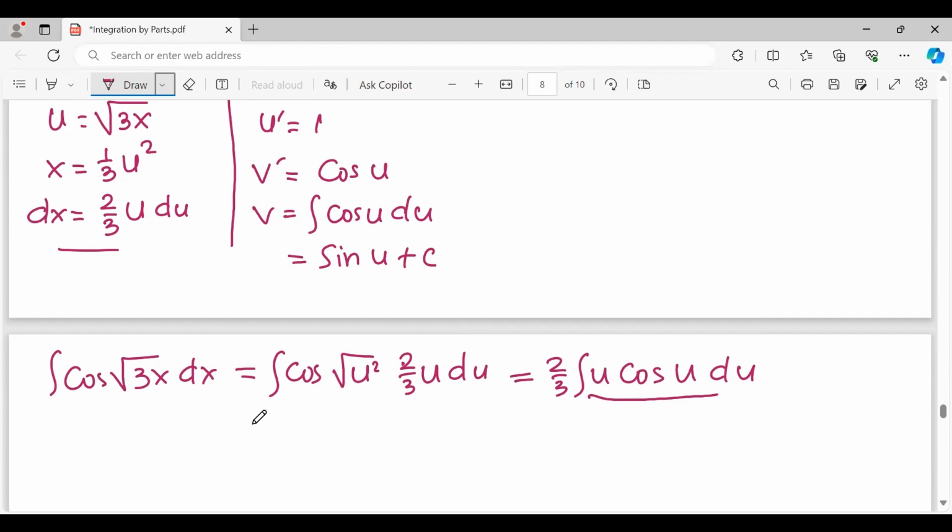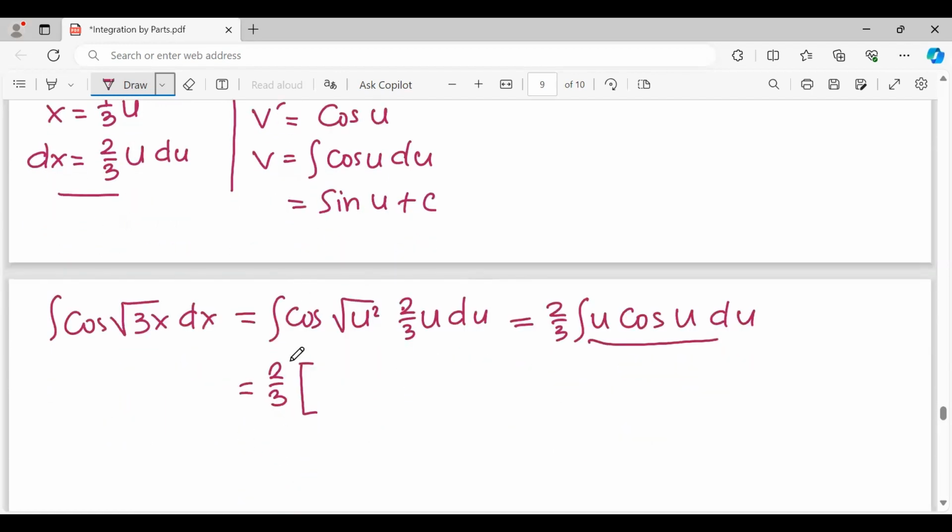So it becomes 2/3, based on the formula u times v, where u equals u. U times v, sine u plus c, minus the integral of v, sine u, times 1 du.